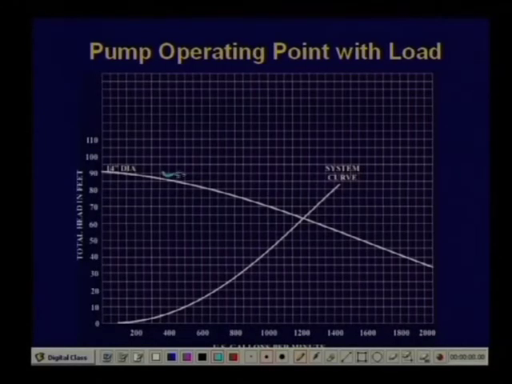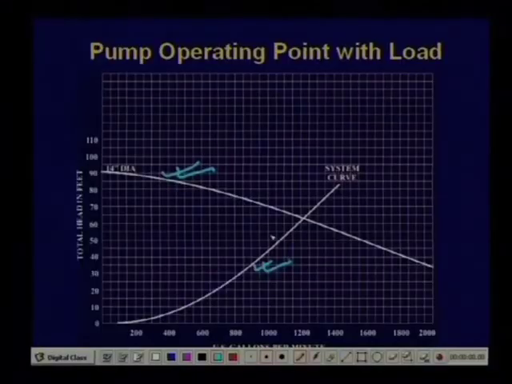This is the pump characteristic and this is the system curve. Of course, there is a little difference in the sense that fans drive gases which are compressible and pumps drive liquids which are generally incompressible. So, there is a slight difference there, but the principle is all the same.